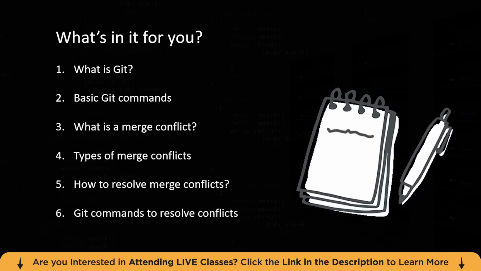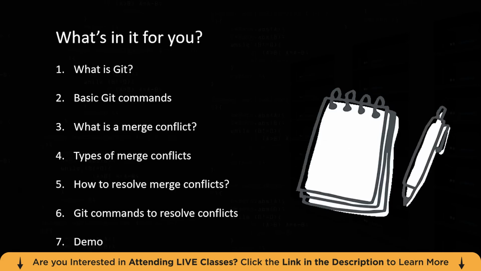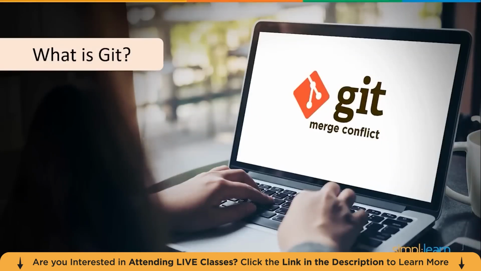And then the last one is the various Git commands involved in resolving these conflicts. And then we will go on with a small demo to better understand how these conflicts can be resolved. Right, so let's first talk about what exactly a Git version control system is.